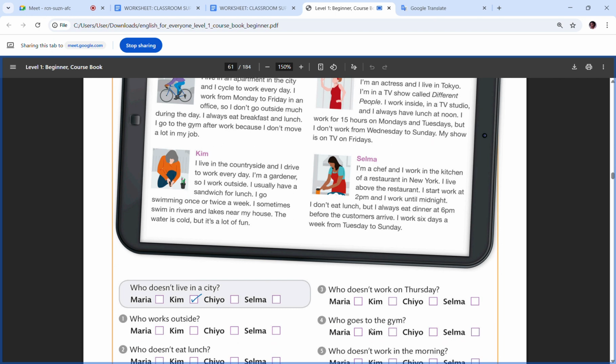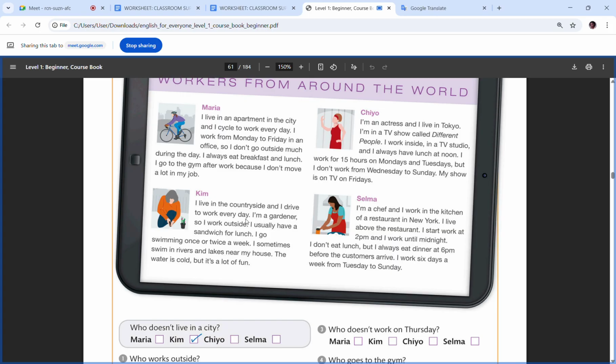Who goes to the gym? Is it Maria or Kim? Maria. Where does she say that? She says she goes to the gym after work, because I don't move a lot in my job.